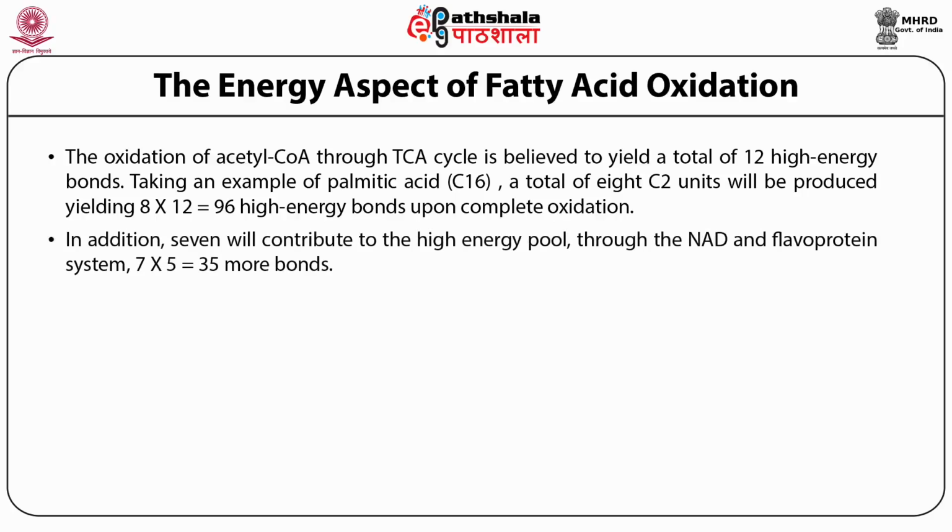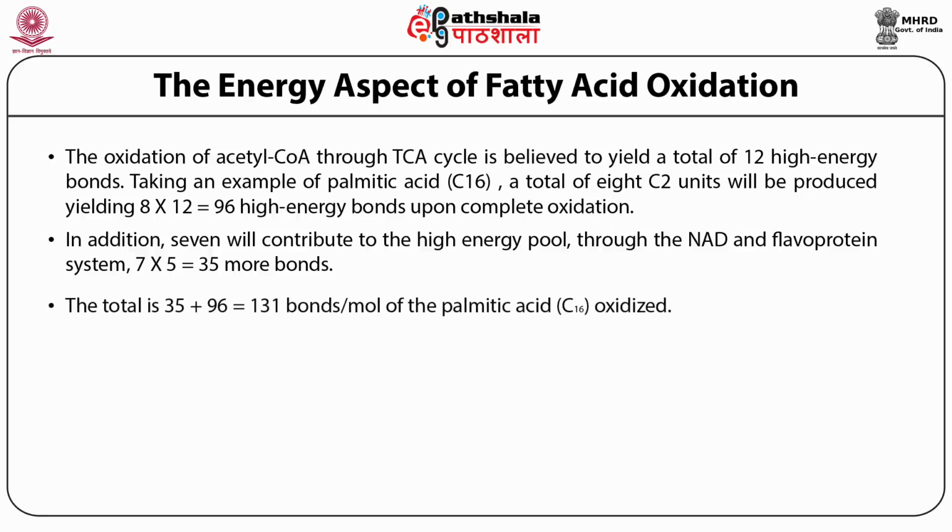In addition, 7 will be contributed to the high energy pool through the NAD and flavoprotein system. It means 35 more bonds. Hence, 35 plus 96 is equal to 131 bonds per mole of palmitic acid oxidized.